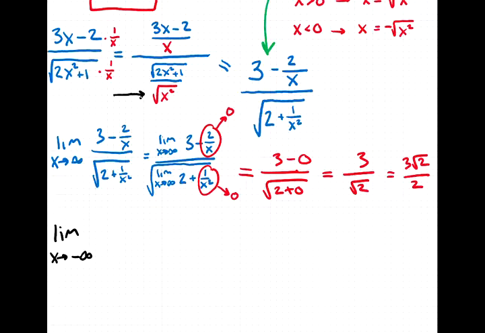We're going to use a negative square root of x squared, because if x is going to negative infinity, this is what I was talking about earlier up here. If x is going to negative infinity, or is a negative number, then x is equal to negative square root of x squared. So we'll have 3x minus 2 over positive x, and on the bottom we'll have the square root of 2x squared plus 1, and we'll divide that by negative square root of x squared.